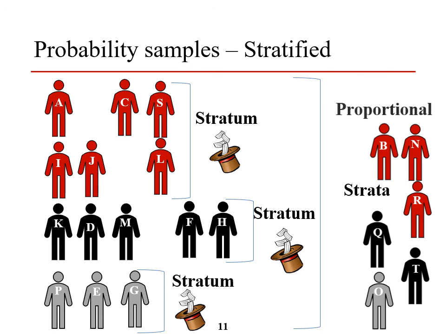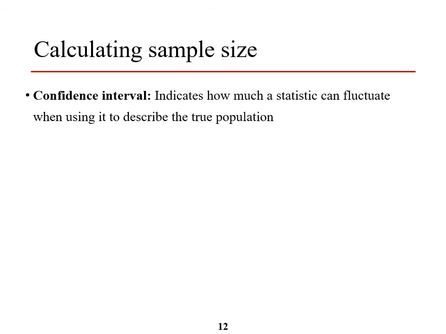So the last thing I'm going to show you is how to calculate a sample size. And with calculating a sample size, you need to know 2 key things. The first is the confidence interval, and the confidence interval is also called the margin of error. It's the plus or minus figure that's usually reported in the newspaper or television opinion poll results.